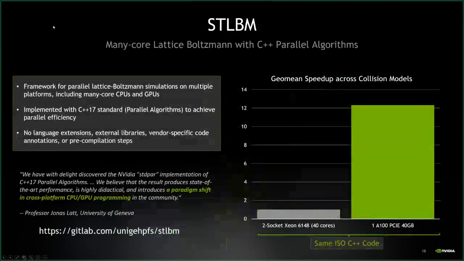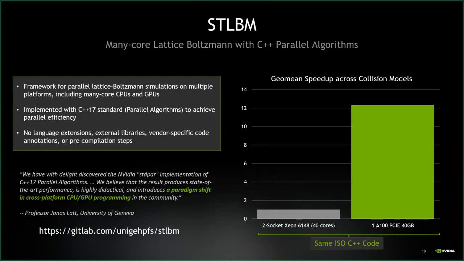Moving past what Nvidia has done themselves with accelerated ISO C++, we look at this STLBM code. It came from Professor Jonas Latt at the University of Geneva, who is a leader in lattice Boltzmann codes. And he implemented a framework for parallel lattice Boltzmann on multiple platforms, including many-core CPUs and GPUs. And he implemented it entirely for the parallel parts with C++17 parallel algorithms.